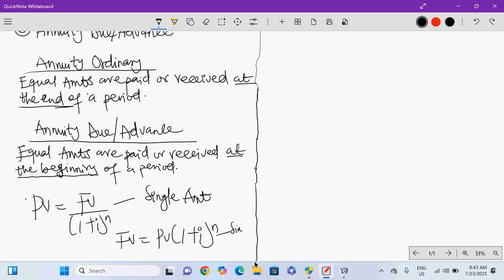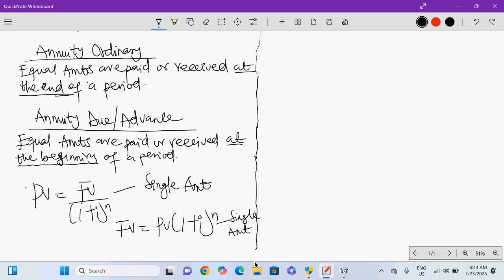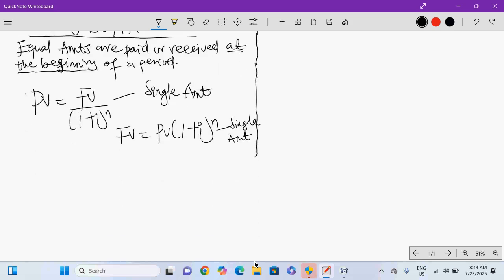This is also for a single amount. Right? Okay. So now we want to know the present value of annuity. What is the present value of annuity?